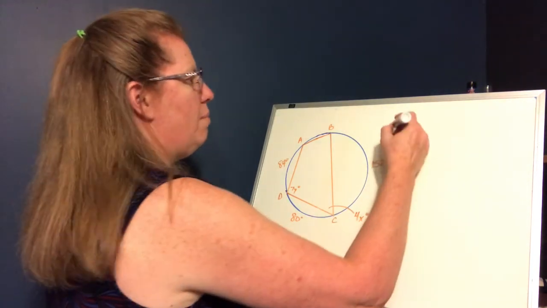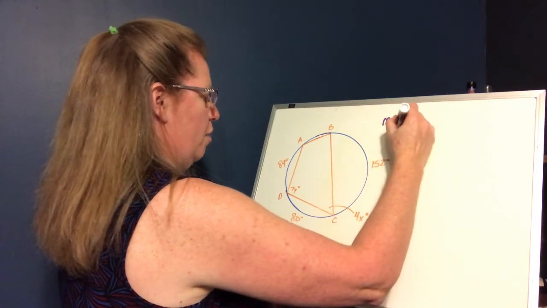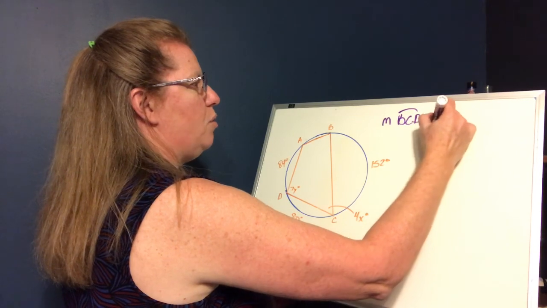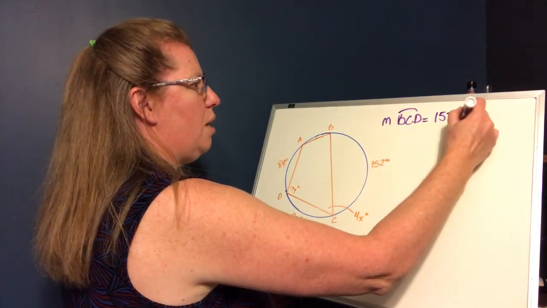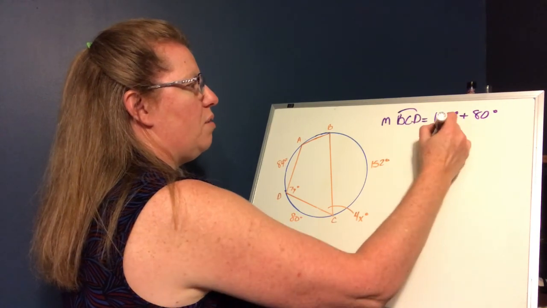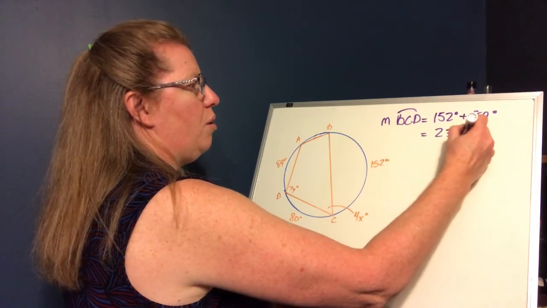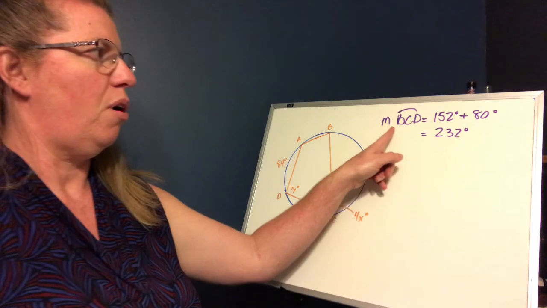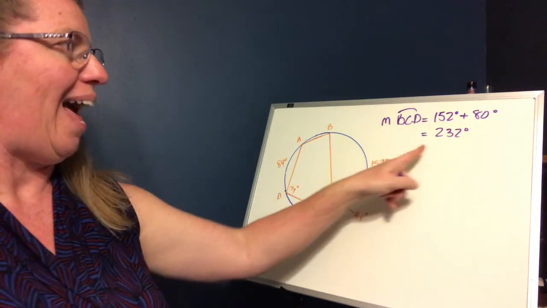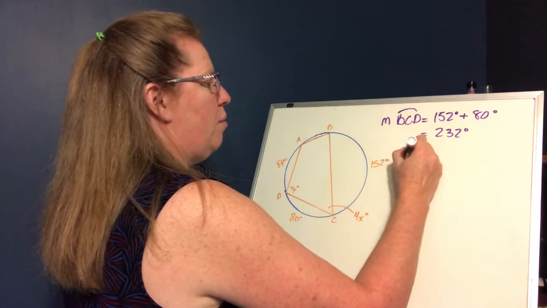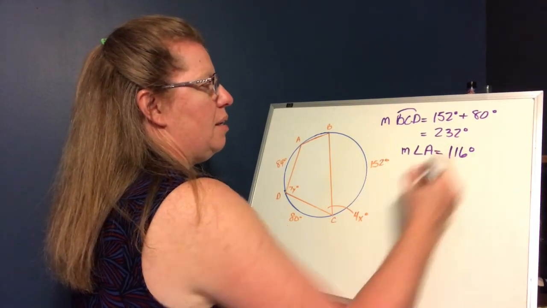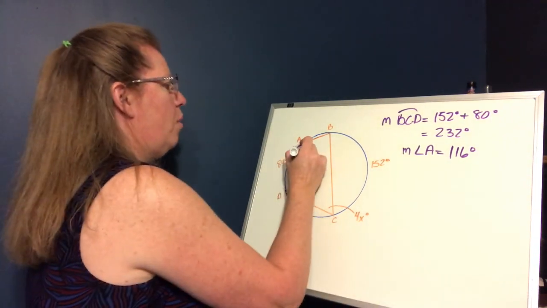So we know that the measure of arc BCD is equal to 152 degrees plus 80 degrees, which gives us 232 degrees. And again, we know angle A has to be half that measure. So the measure of angle A then is going to be 116 degrees. Let's go ahead and write that in here.